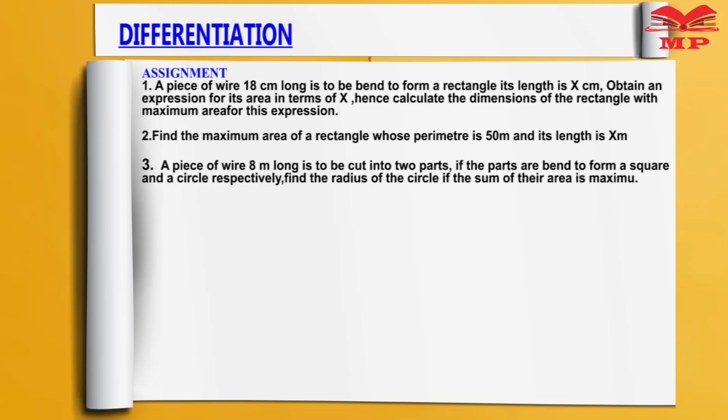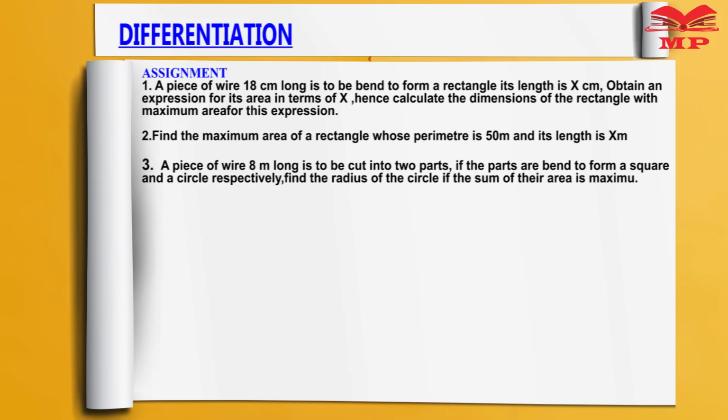Then question number 2. Find the maximum area of a rectangle whose perimeter is 50 meters and its length is x meters. Finally, a piece of wire 8 meters long is to be cut into 2 parts.